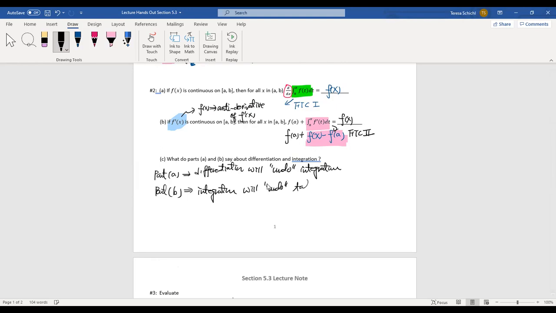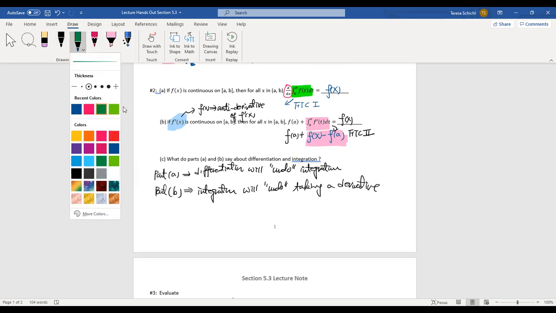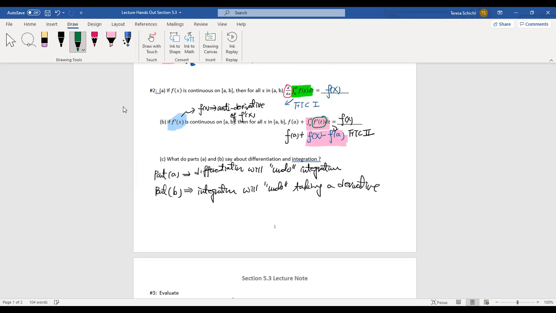Taking a derivative. Because here this is the derivative inside, right? So that's why the integration will undo the derivative part.